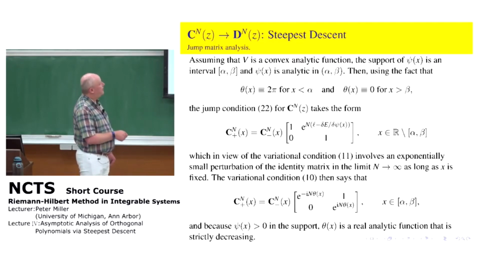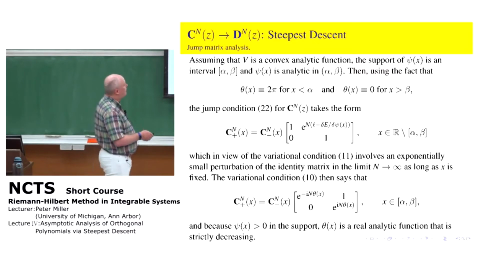All right, so now what about inside the support? Inside the support, this exponent is 0, so I have 1 here, and I have e to the plus or minus i n theta on the diagonal, and because psi is positive in the support, this theta of x is a real analytic function, and it's strictly decreasing in this interval. So there's a monotonicity of that phase.